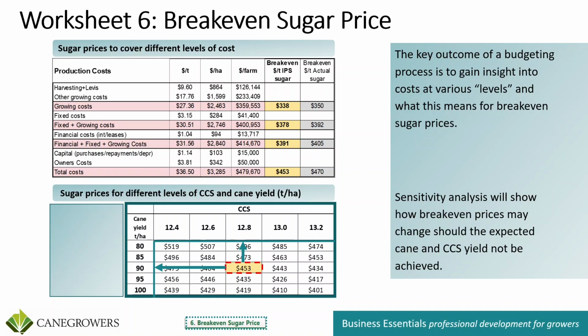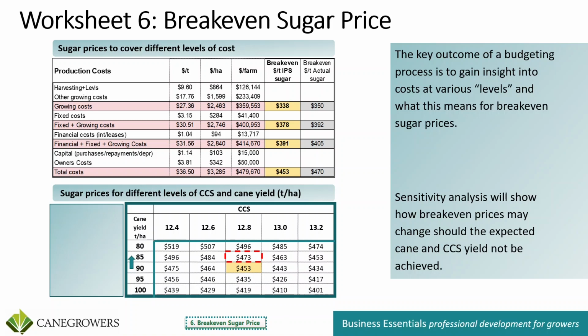Using the table, we can see that if there is a reduced yield, say down to 85 tonnes per hectare, then there is a need for a higher break-even sugar price of $473 per tonne to make up the difference.